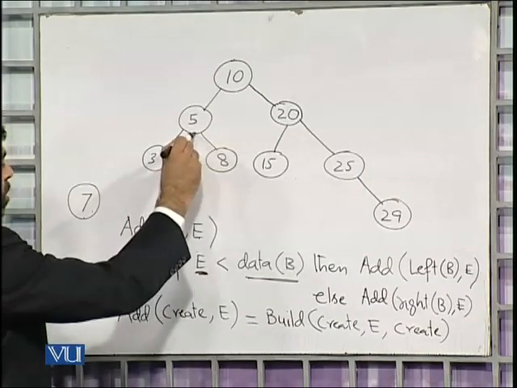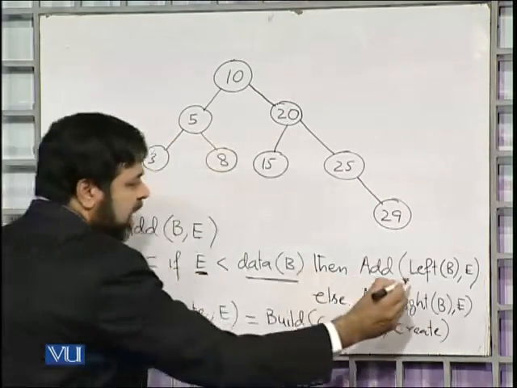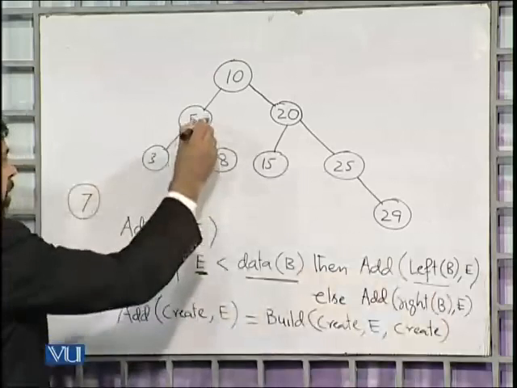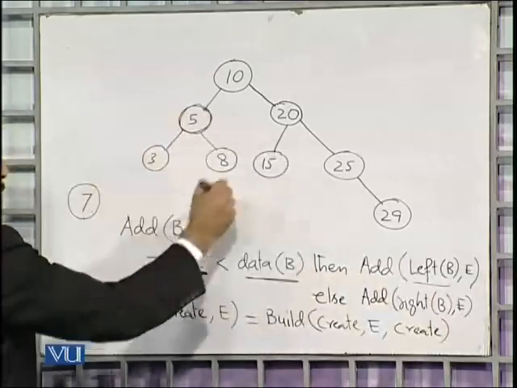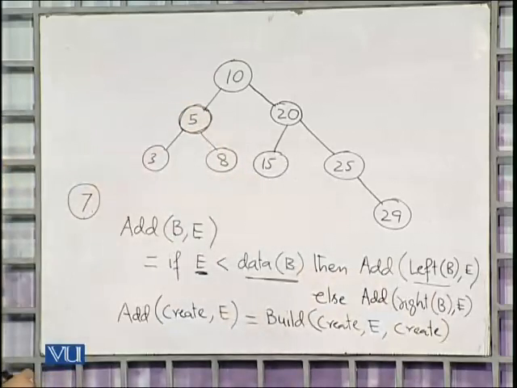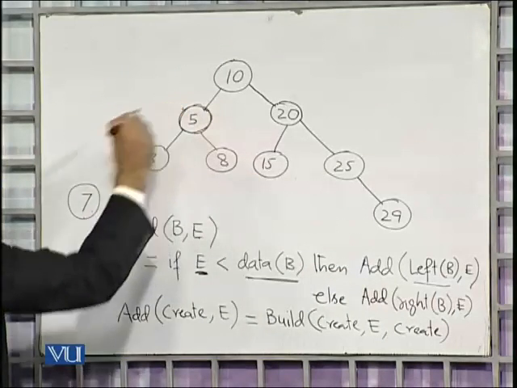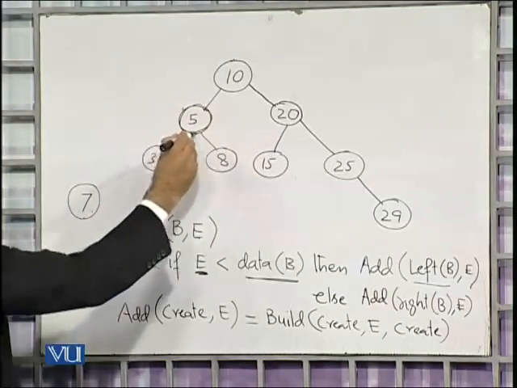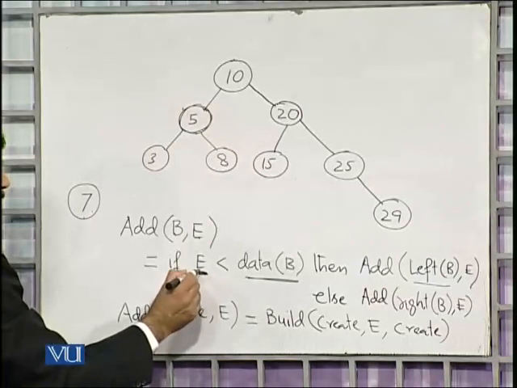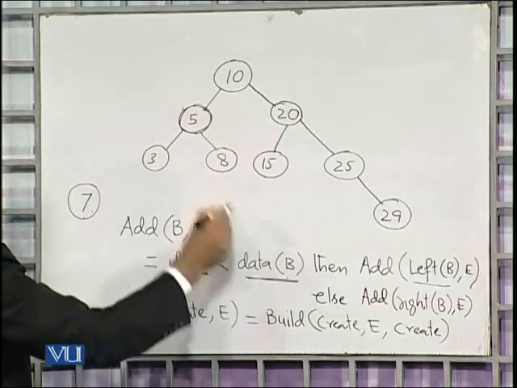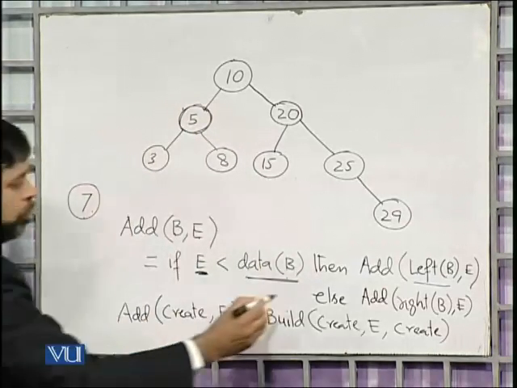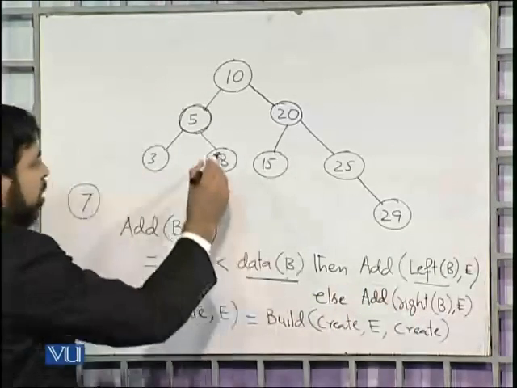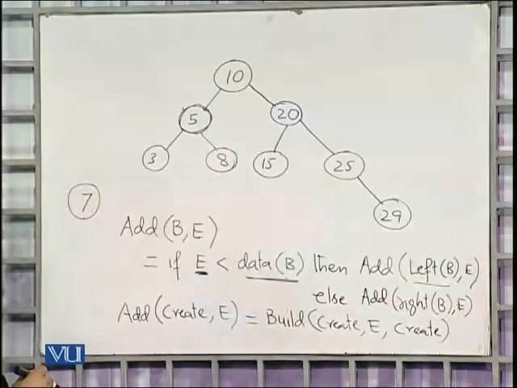When I go to the left, it says add in the left subtree. Then I compare it here. Once again, I compare: this is 7, and the data at B is 5. So it says add to the right subtree, so I go to the right.